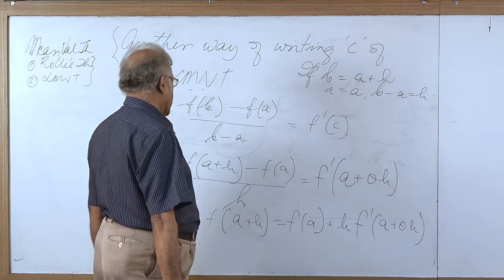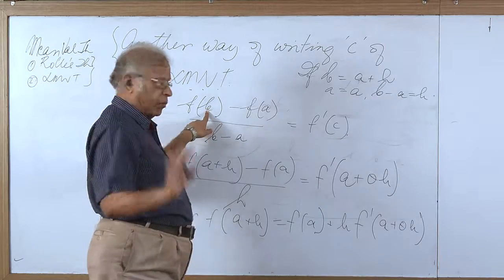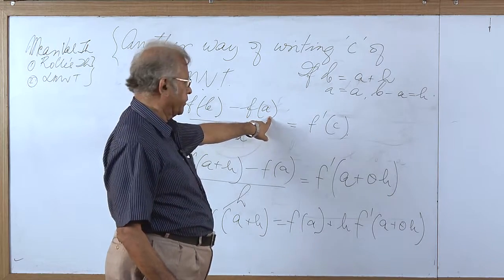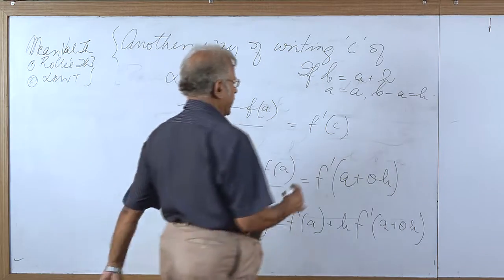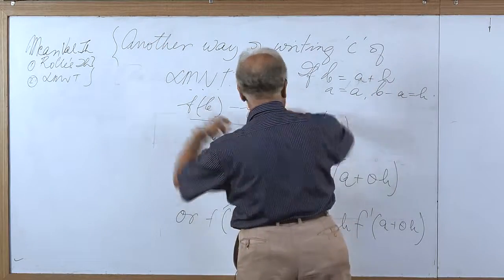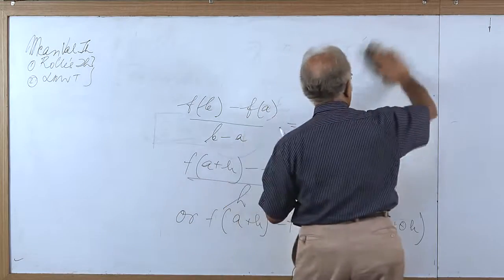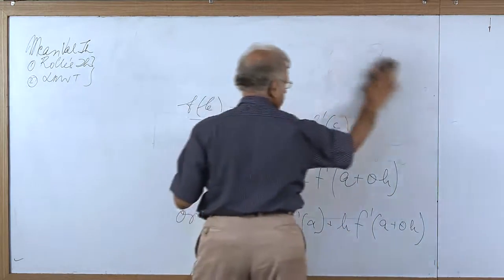One more point, for example, if we take b as x, any point, a as 0, that means a as the origin, the x coordinate of the origin, then the theorem can be written like this. These forms will come handy when expansion of functions is being discussed.